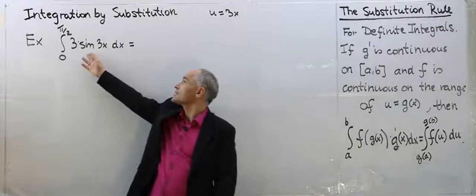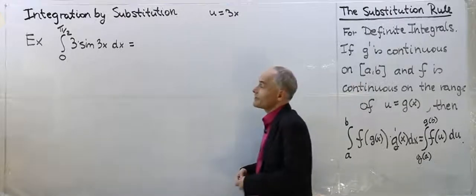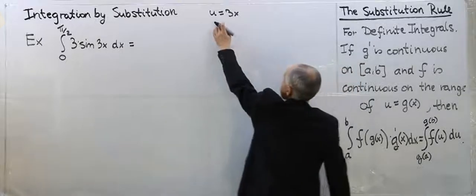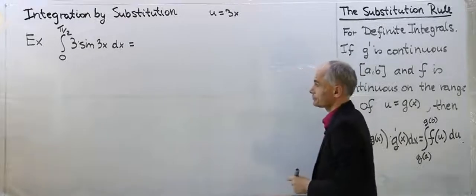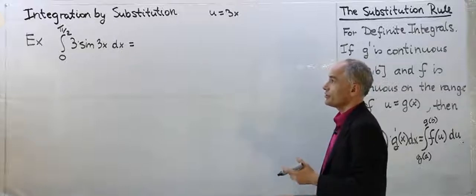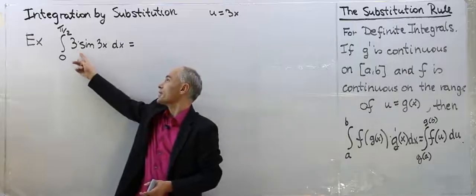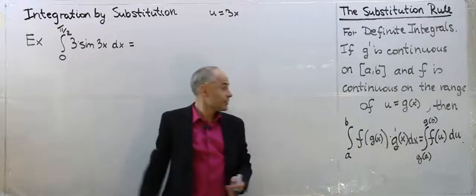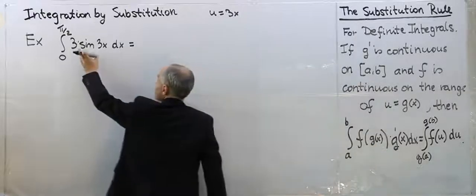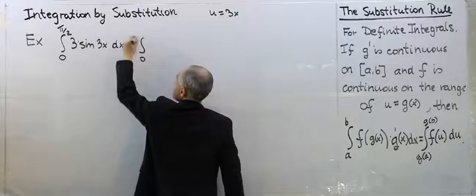Well, notice that sine 3x is a composite function here, so it makes sense that the inner function be 3x. So we let u be equal to 3x. And then the derivative of the inner function is 3. So basically this integral is almost ready for the substitution formula, except that I should probably write sine of 3x first. So let me do this.